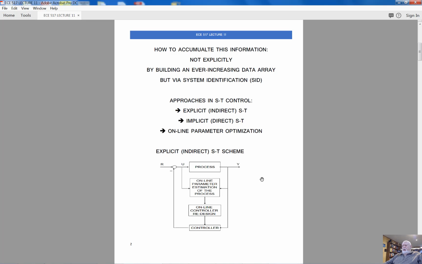I want you to take a look at the diagram that features an indirect self-tuning approach. First of all, note that we have a controlled process, and perhaps our information about this process is incomplete.